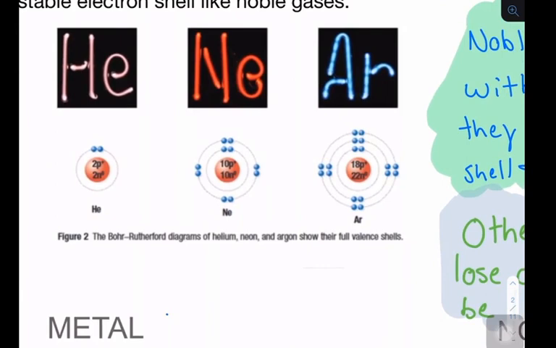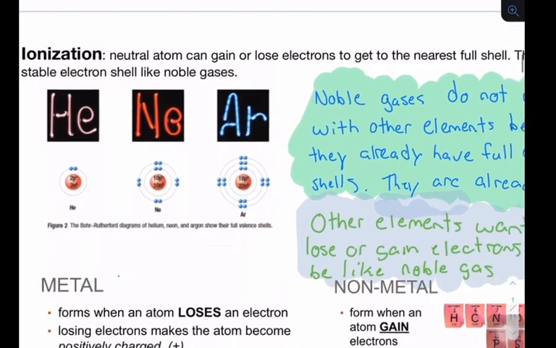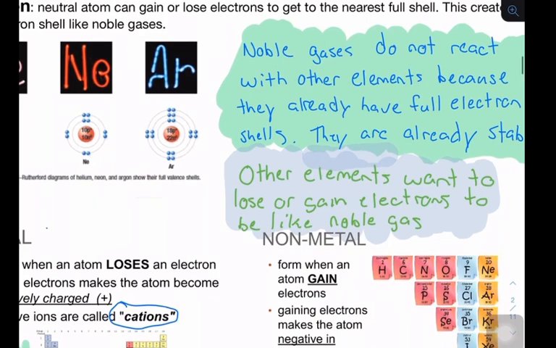And then neon and argon, they won't react with any element because they have a stable electron shell. The other atoms want to be like neon and argon and helium and the noble gases. So the other elements will lose or gain electrons so that their outer ring can have a full 2 or more likely a full 8.